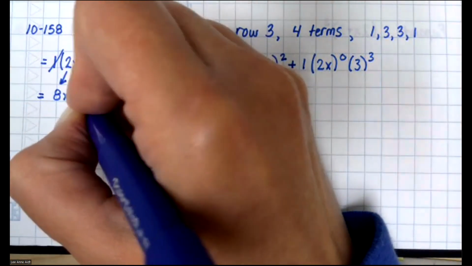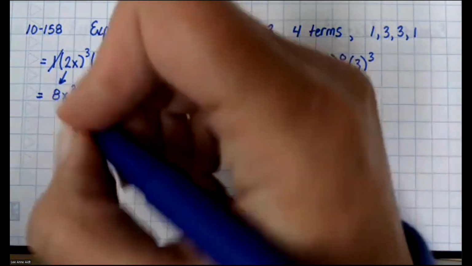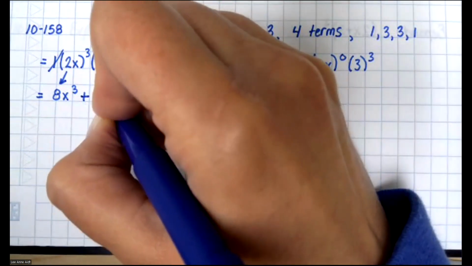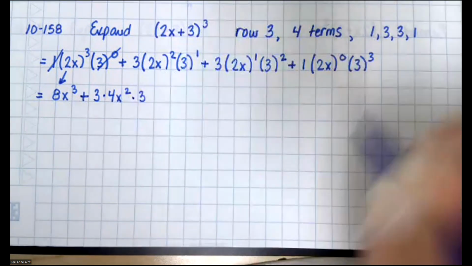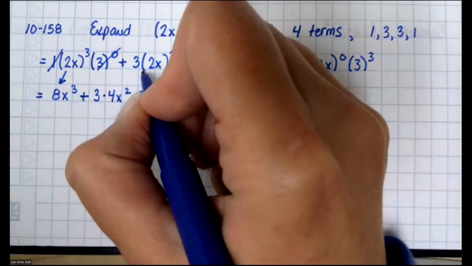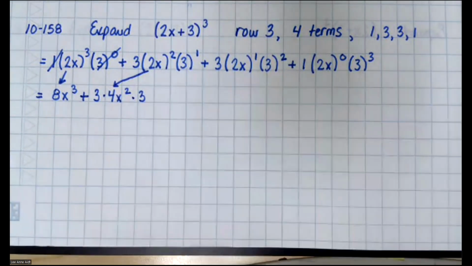Plus, and this is where I'm going to simplify in 2 lines. So this I'm going to call 3 times 4x squared times 3. Do you see the 4x squared? 2x quantity squared is 4x squared.